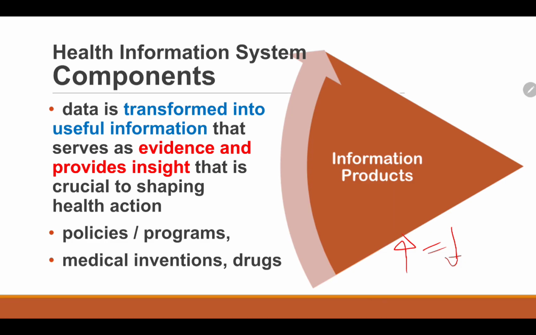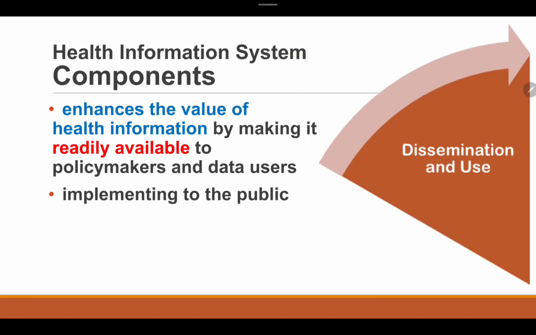So we are in the last pie, dissemination and use. Here po, when we say dissemination, it is the spread, the informing the people or educating the people. With this in mind, it enhances the value of health information by making it readily available to policymakers and data users, and most likely implementing to the public.